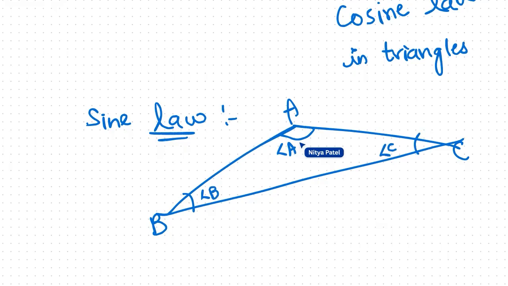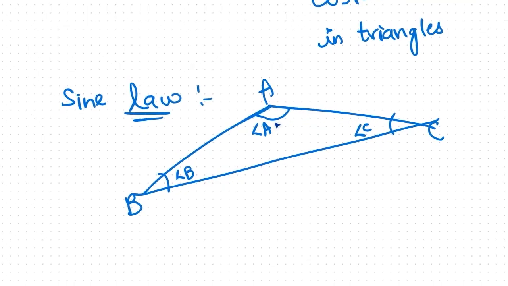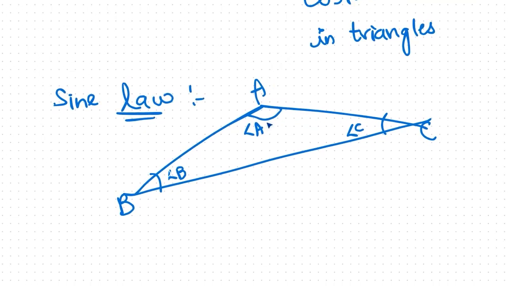There is a notation when it comes to denoting the sides. AB is represented by small c, not capital C. Why is it small c? Because the vertex opposite this side is C, so it is named small c.